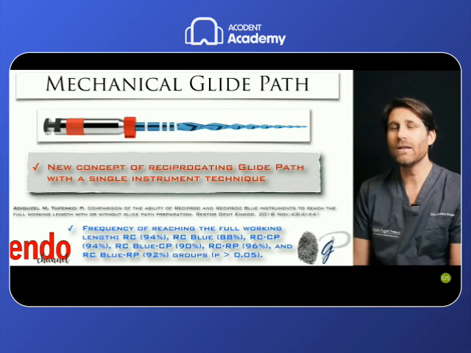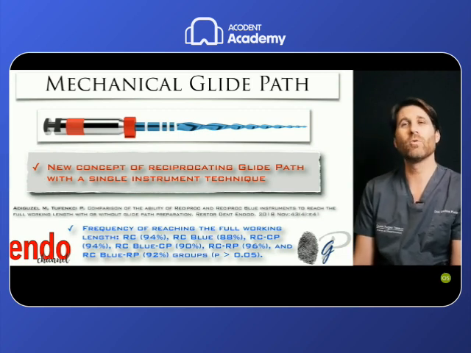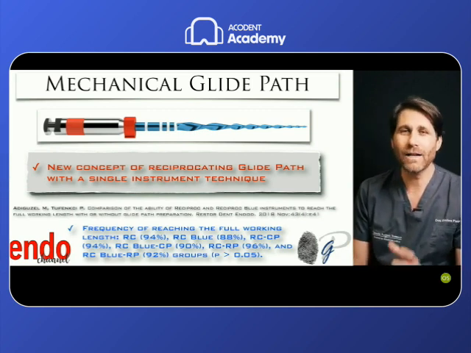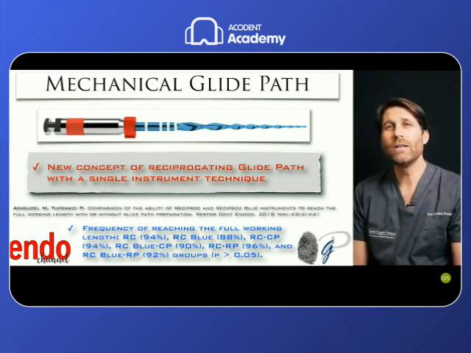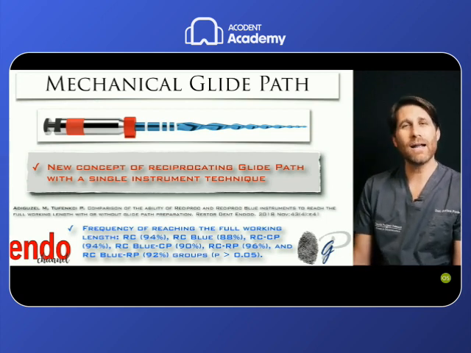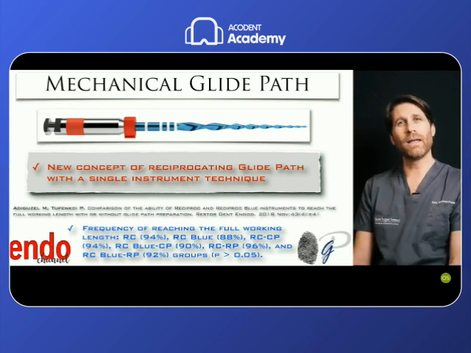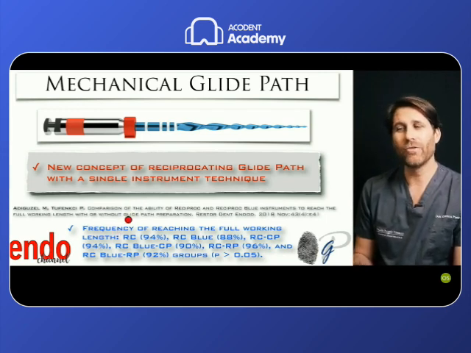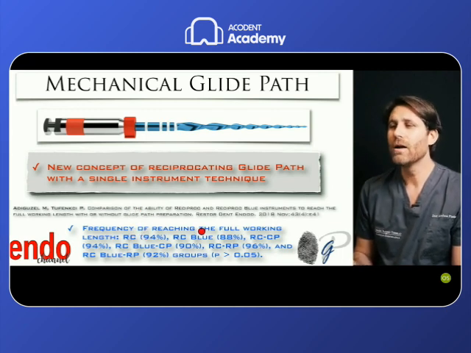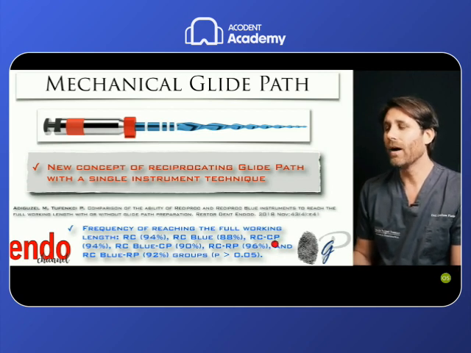In this other study, the frequency of reaching the full working length was compared between the original technique, without any hand file before, and a glide path obtained by manual scouting or by mechanical scouting with AirPilot, and the frequency of reaching these working lengths was not different among Reciproc Blue used alone, or used after a manual glide path with C-Pilot files, or after a mechanical glide path with AirPilot files.